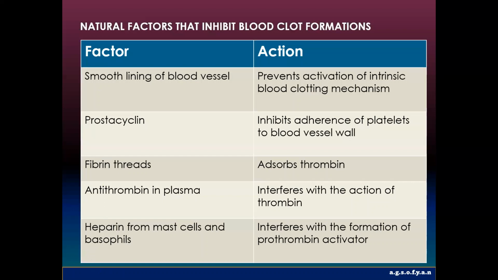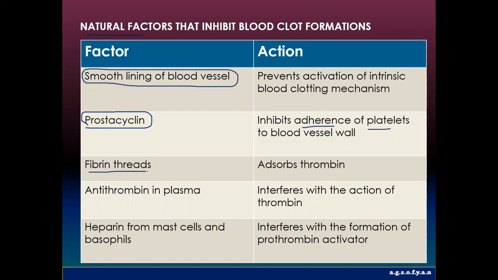Okay, so again, if we list the natural factors that inhibit blood clot formation, the first one is the smooth lining of the blood vessel. It will prevent the platelets from attaching to the blood vessel wall, also some other factors. And then prostacyclin, this is prostaglandin number 2. It will inhibit the attachment of platelets on the blood vessel wall.